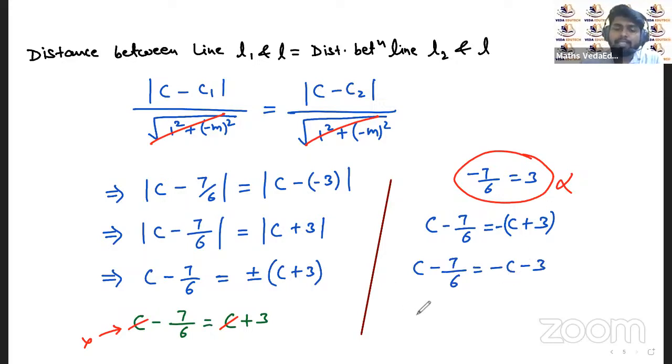So take this C to the left hand side, it will become plus 2C, and this one will become minus 3 plus 7 by 6. So finally, 2C equal to minus 18 plus 7 whole divided by 6. So finally, we are getting minus 11 by 12. The C value is nothing but minus 11 by 12.